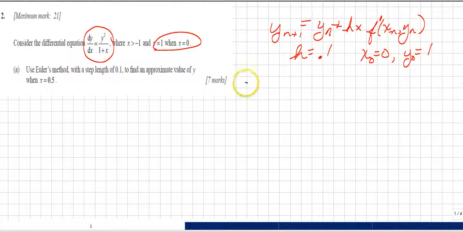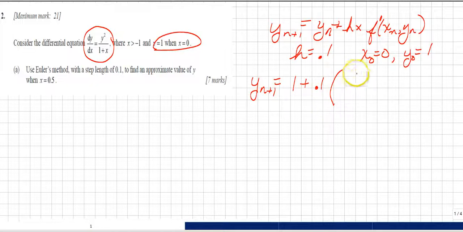So applying the formula, the first step: y sub n plus 1, which means the next value of y, is equal to the previous value of y, which is 1, plus h, which is 0.1, times the derivative using the previous x and the previous y. So you sub in the previous x of 0 and the previous y of 1 into the derivative formula, which is y squared over 1 plus x.